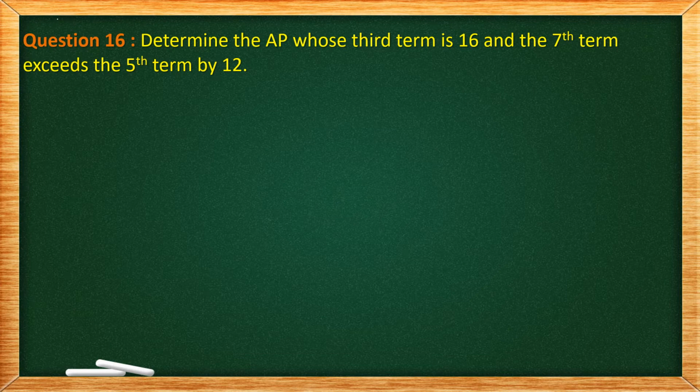So two major conditions are given here. First one is third term is 16, and when we subtract the fifth term from its seventh term, we get 12. So let's start the solution by using these two conditions.